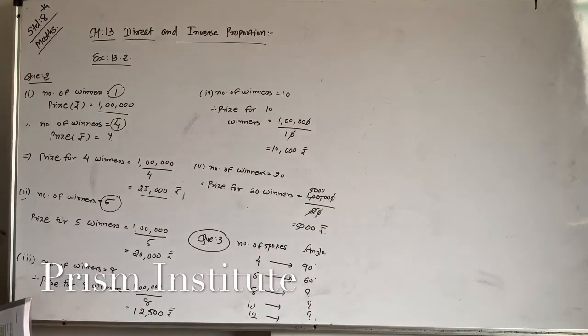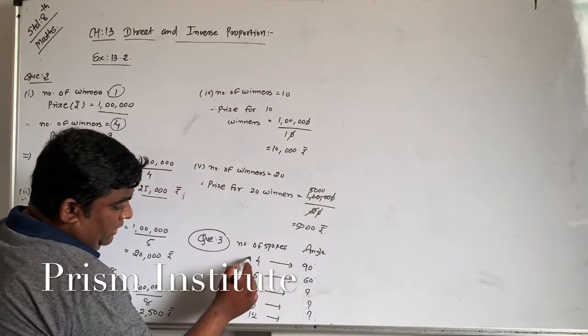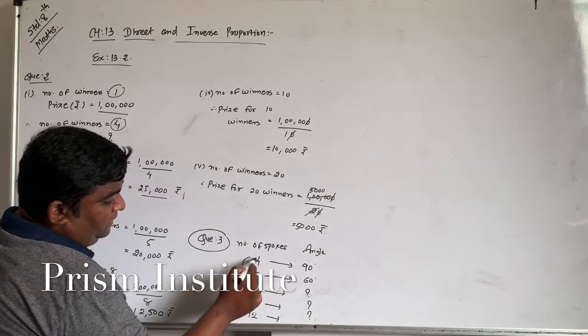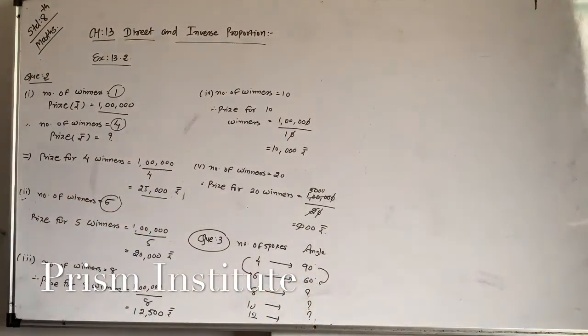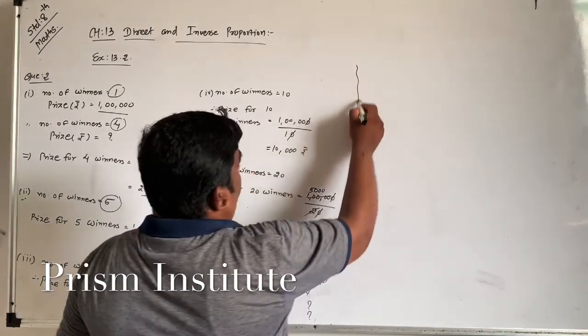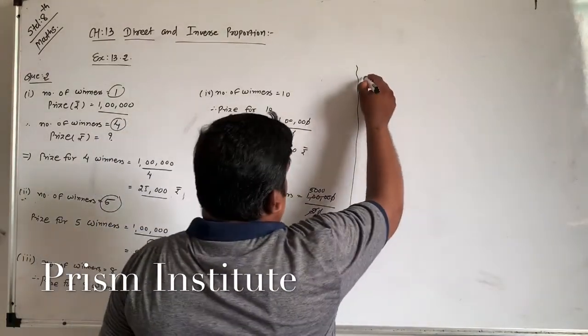Now just see here, Rahman is making a wheel using spokes. Now if the number of spokes increases, here from 4 to 6, at that time the angle decreases. So here, if the number of spokes increases and the angle decreases, at that moment we use the inverse relation.